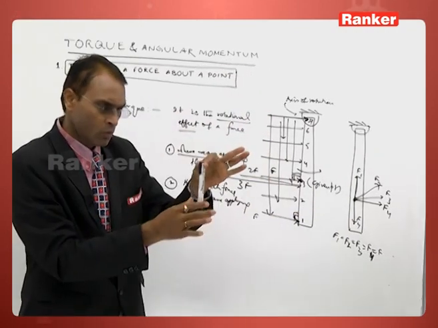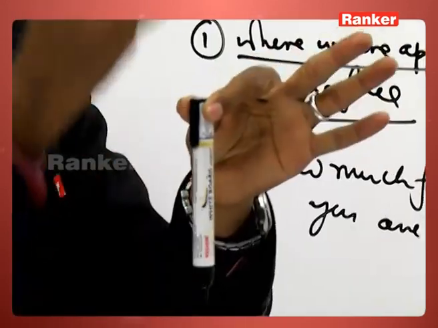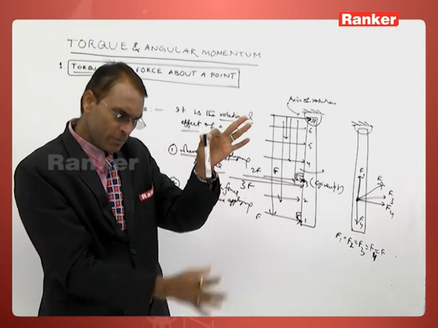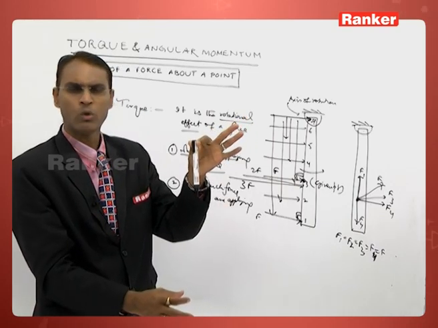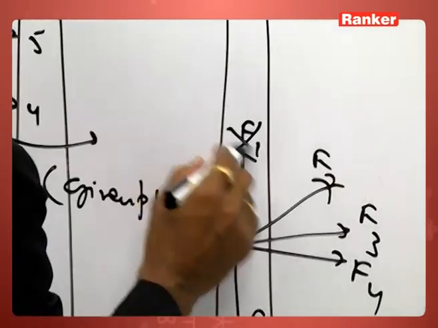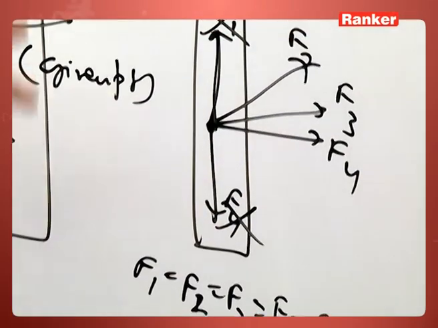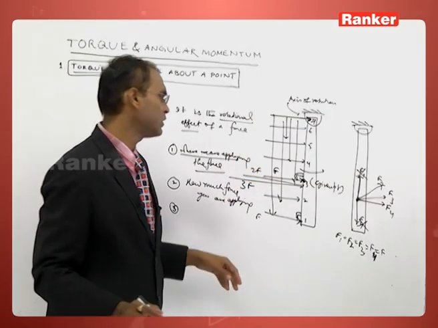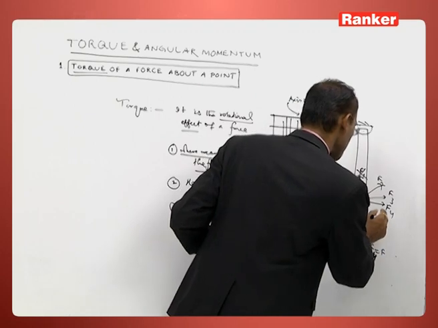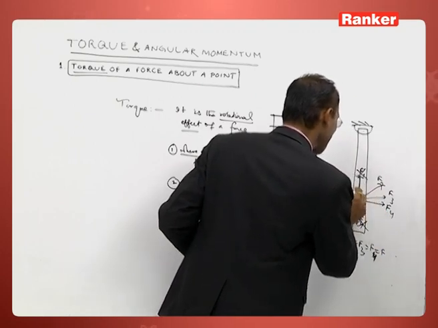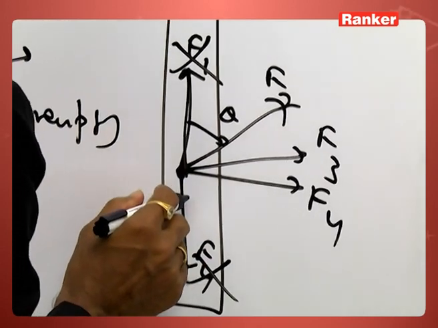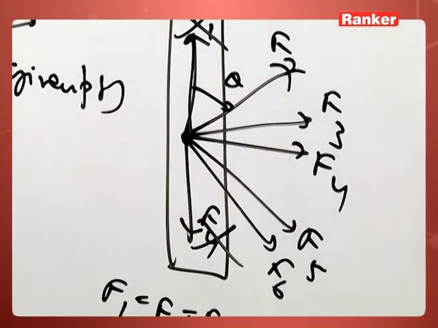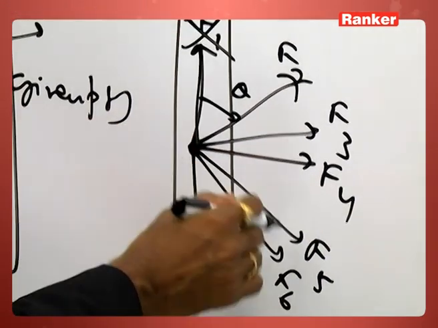It's quite clear. When you push the object, apply the force up, it won't rotate. When you apply the force down, no chance of rotation. Therefore, F1 and F4, no chance of rotation. Alpha will be 0. But if you go on increasing the angle from both the sides, you can take some more inclinations, more angles.